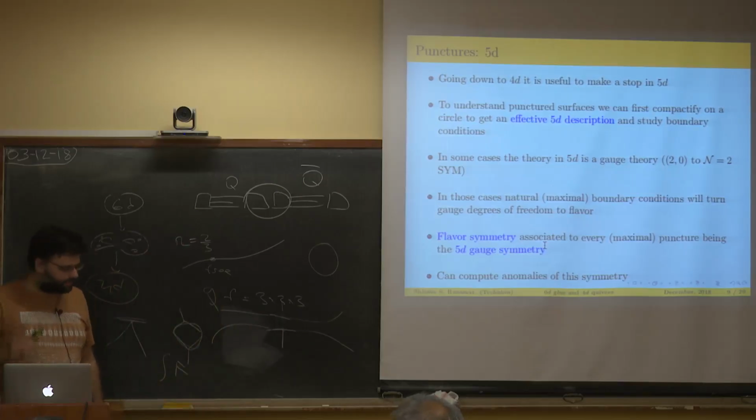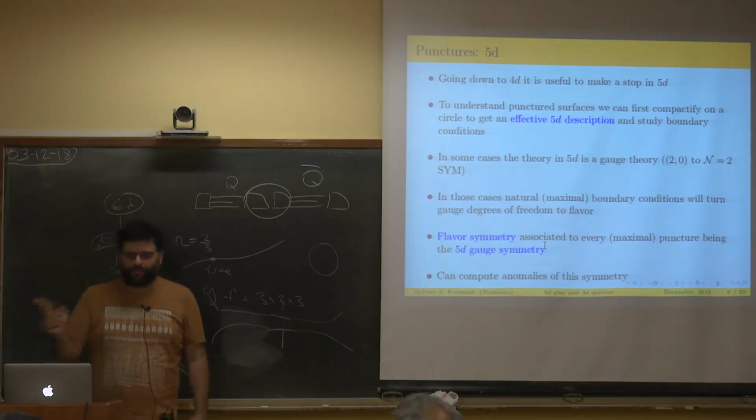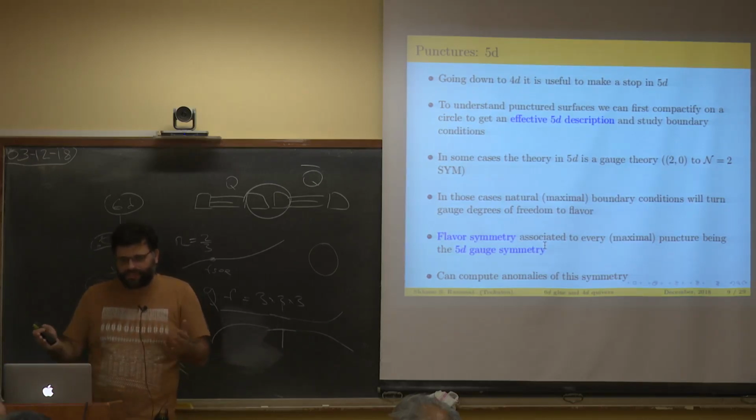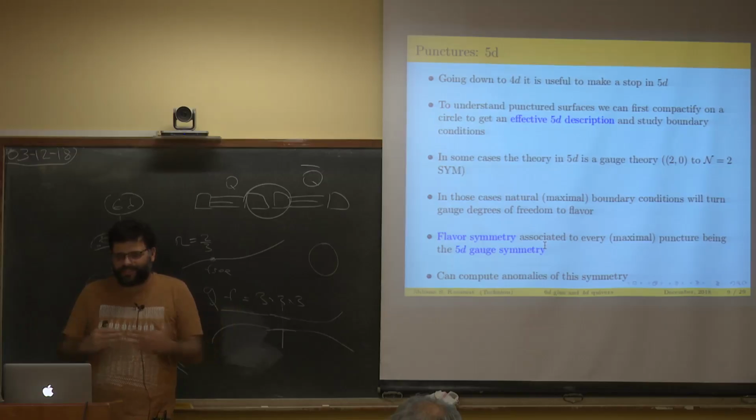No. Well, very often it's true, but there are cases where you have non-conformality, like IR-free theories, either just free fields or IR-free gauge fields. There is no generic statement that you will get an interacting CFT. Usually you get a conformal theory, but it's an experimental result.